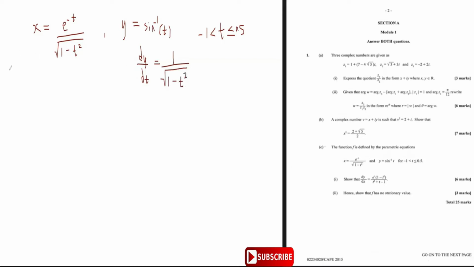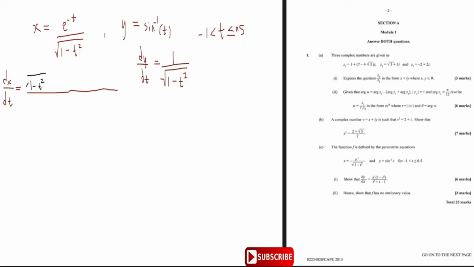Now we need to find dx by dt. Dx by dt is going to be equal to, first thing is you start with the bottom. You're going to have to use the quotient rule to differentiate this. All right, dx by dt, let's do it in different colors. You start with the bottom, 1 minus t squared, square rooted.